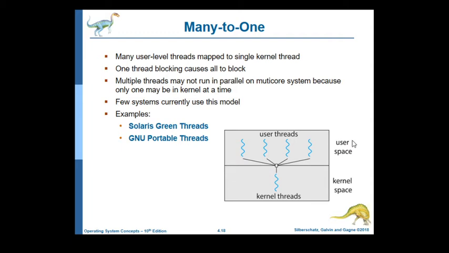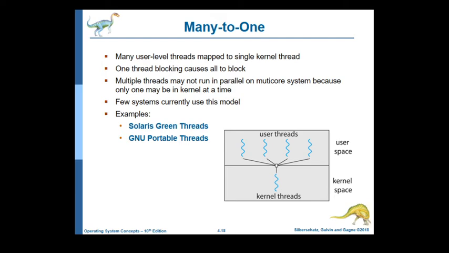The drawback of this model is that if one thread makes a blocking system call, it can cause all threads to block as well. Another drawback is that since it only allows one thread to access the kernel at a time, multiple threads may not run in parallel on a multi-core system.